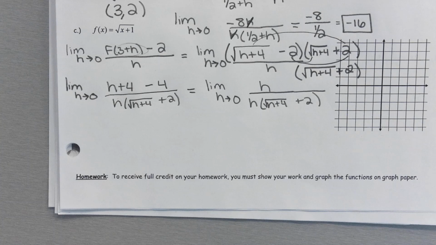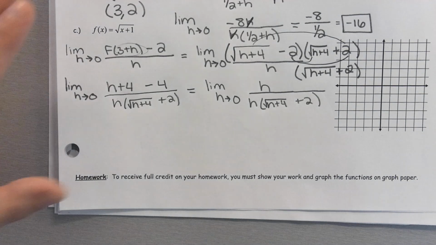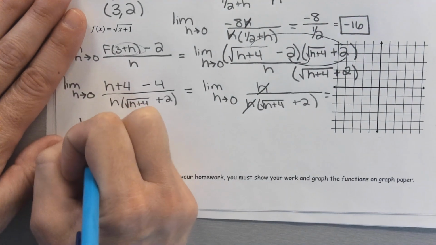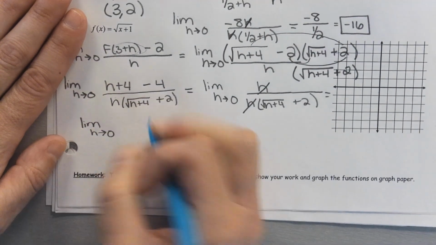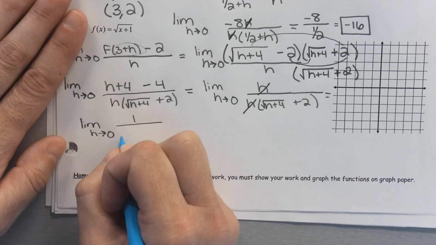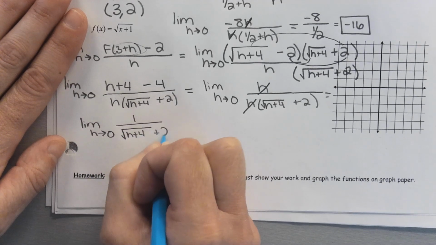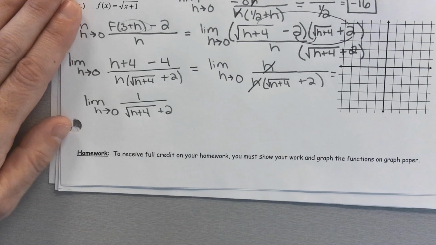What else can I do? Cancel out the h's. The limit as h approaches 0 of 1 all over square root h plus 4 plus 2. How about now?